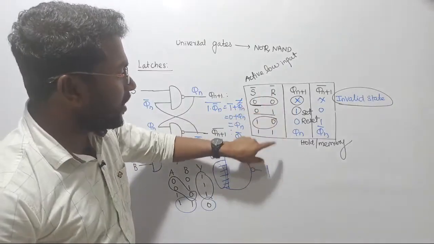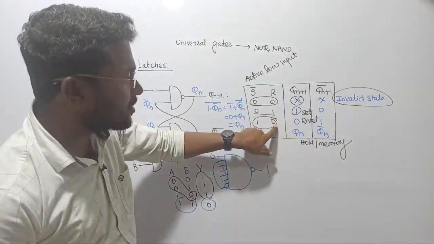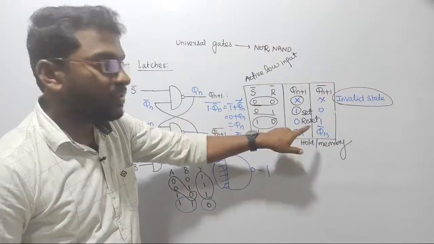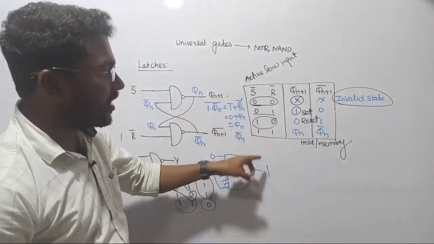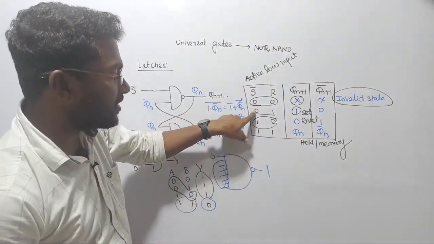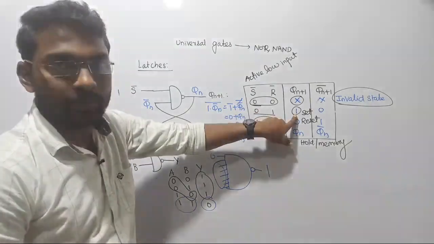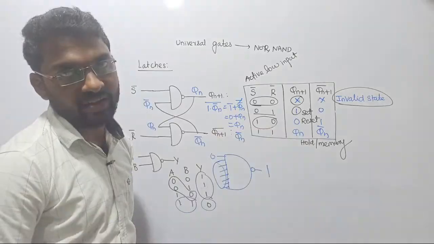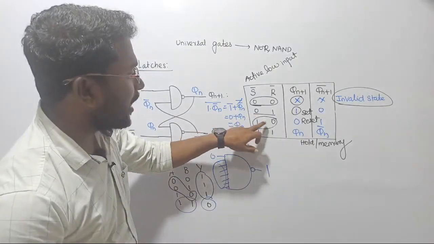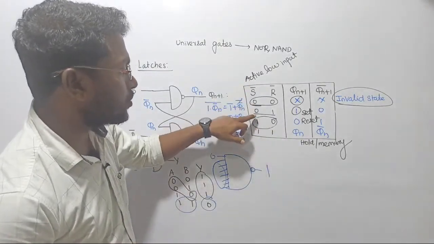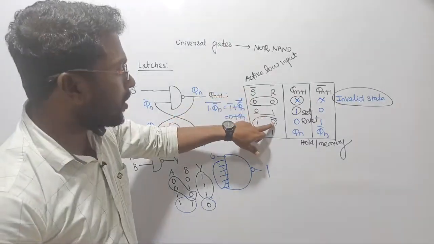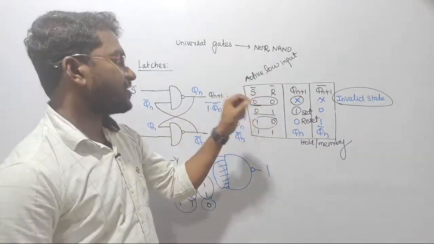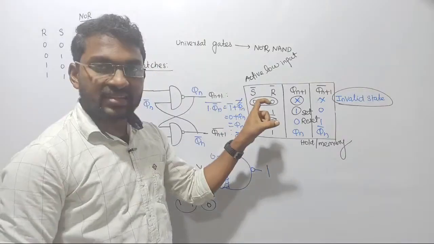When your reset line is going to be 0, then your output will be reset. In the set input line, if you set your input as 0, automatically the output will be set. In the reset line, if you set the input as 0, automatically the output will become reset. But we are representing it in min-term form, so 0 will be represented as 0 bar, in order to consider the reset and the set line.